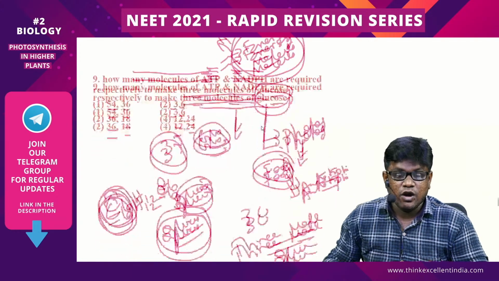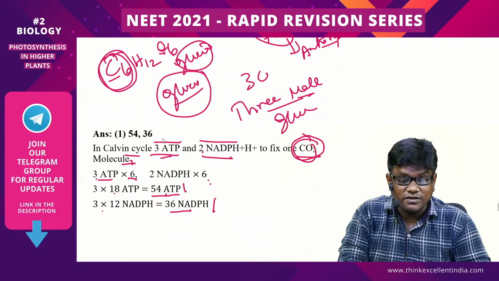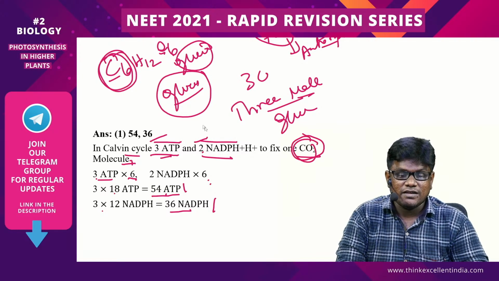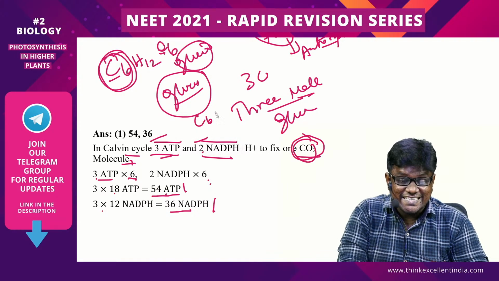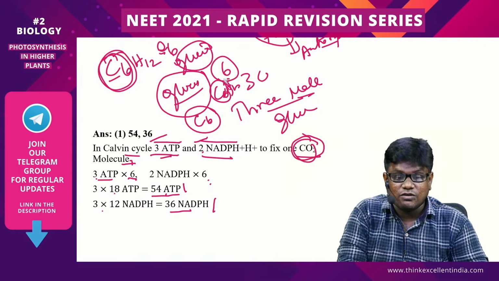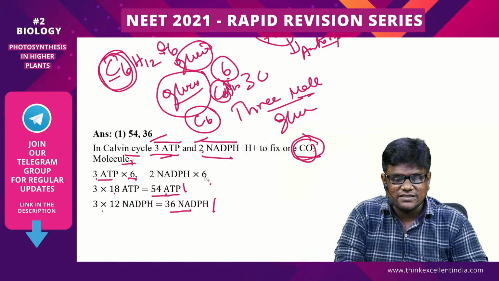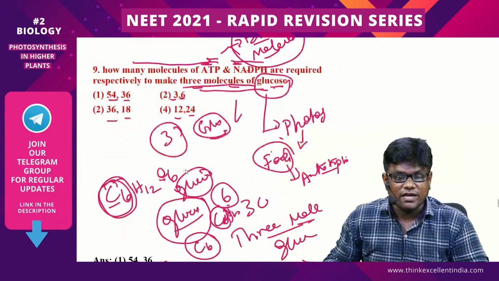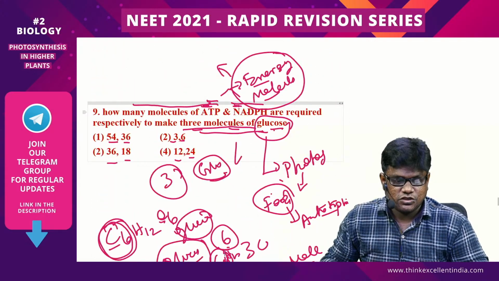For 1 molecule, how much is required? 3 ATP and 2 NADPH. But here the glucose structure is C6. That is important. C6H12, 6 carbon molecules. That's why we are multiplying by 6 here. Is it clear, students? So the answer is 54 ATP and 36 NADPH.